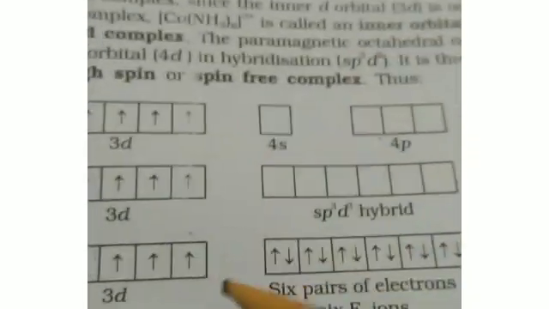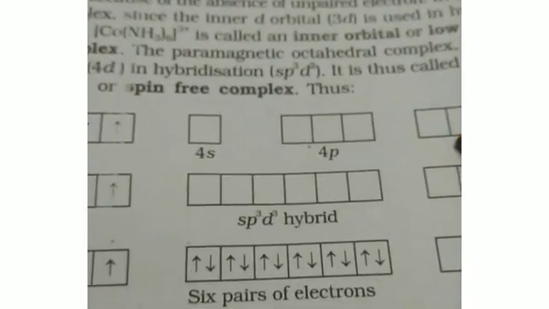In the earlier case it was the inner d orbital, isn't it? But due to the influence of F- ion, pairing will not occur. This F- ion only gives a weak field. Hence, pairing will not occur, and it will use a vacant 4d orbital for hybridization.